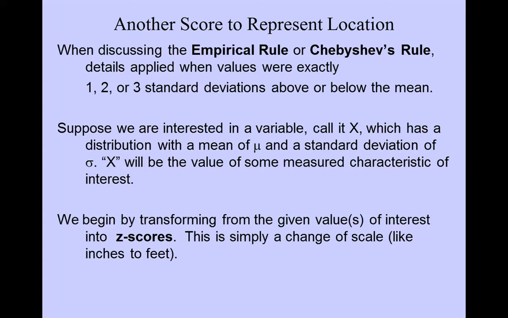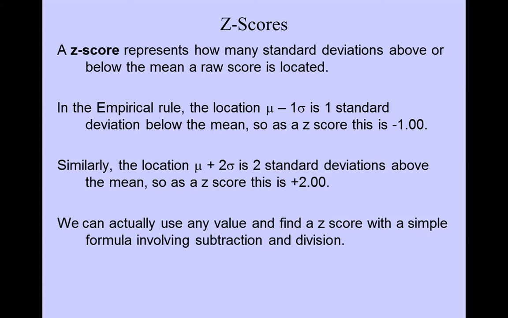We begin by transforming from the given value or values of interest into z-scores. This is simply a change of scale, like inches to feet. A z-score represents how many standard deviations above or below the mean a raw score is located.